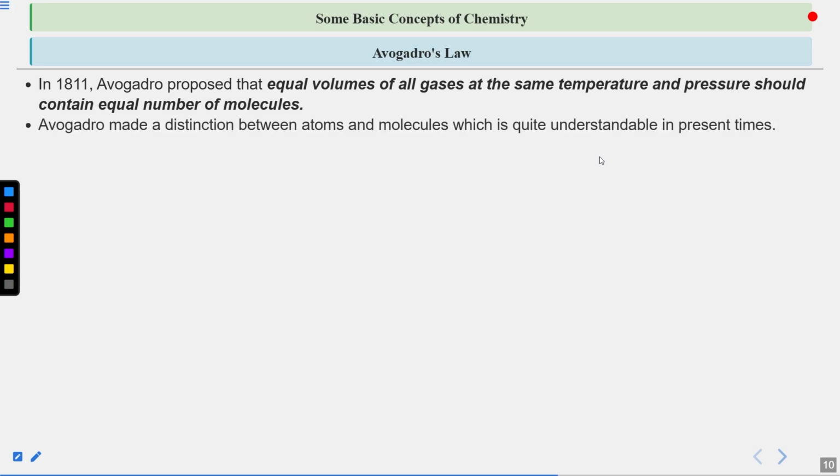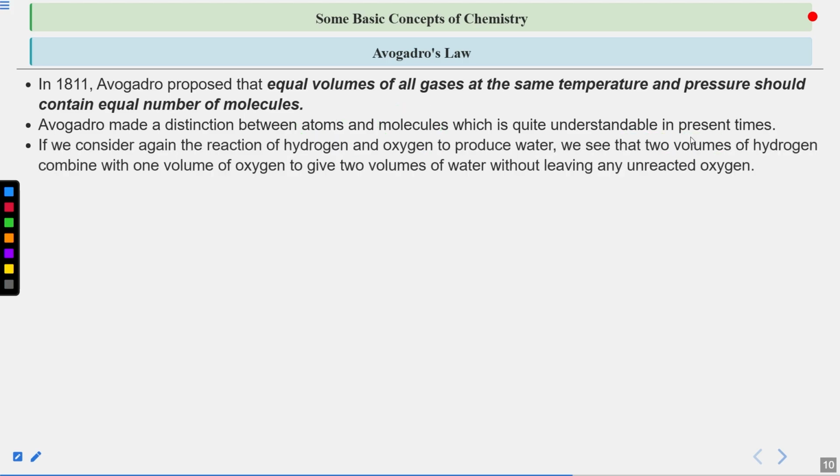But here, Avogadro made a distinction between atoms and molecules, which is quite understandable in present times. So suppose if we consider the example of hydrogen and oxygen and again to produce water, we see that two volumes of hydrogen combined with one volume of oxygen to give two volumes of water.